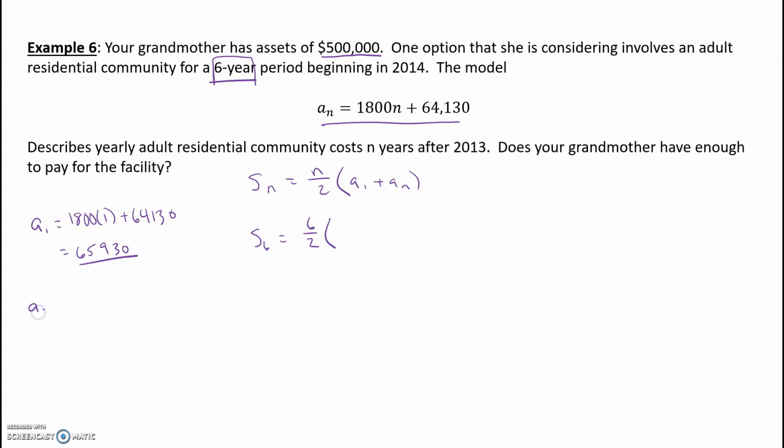And then we need our nth term, our sixth term. 1,800 times 6 plus 64,130, and we get 74,930. And there's my last term. So 65,930 and 74,930, and you should get, all said and done, 22,580.